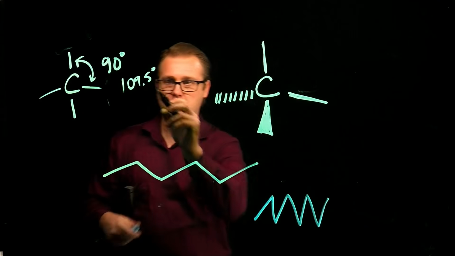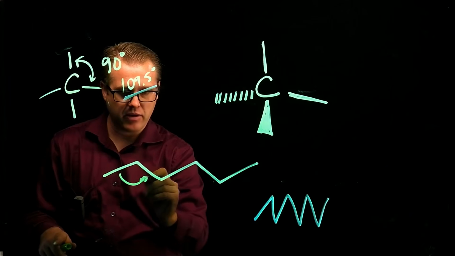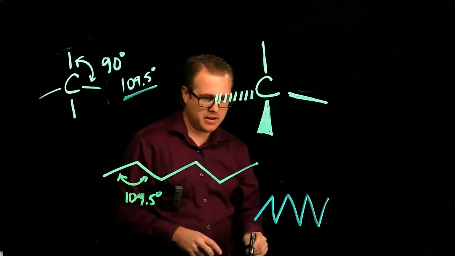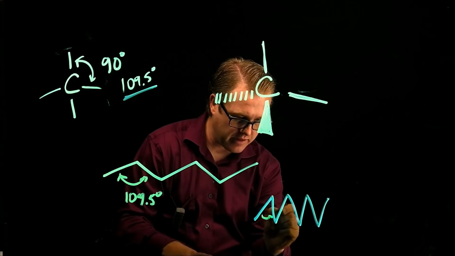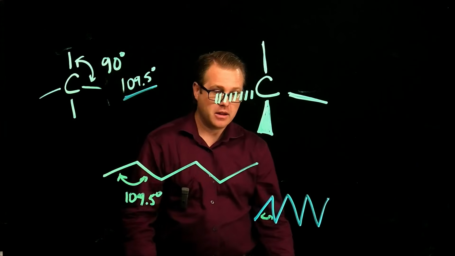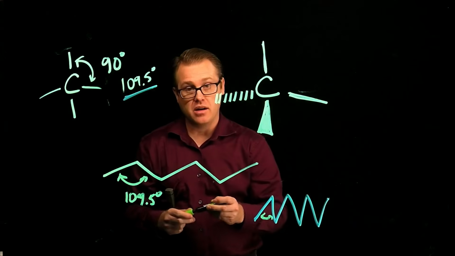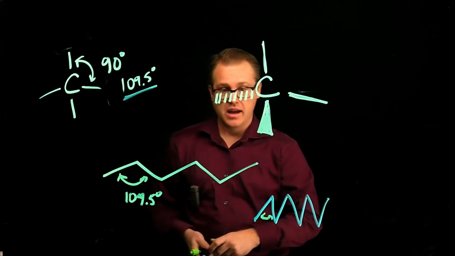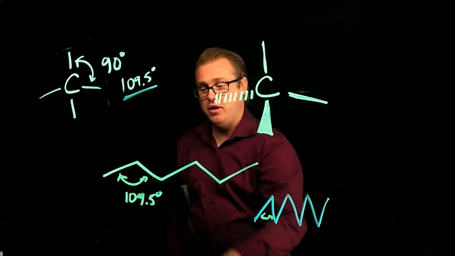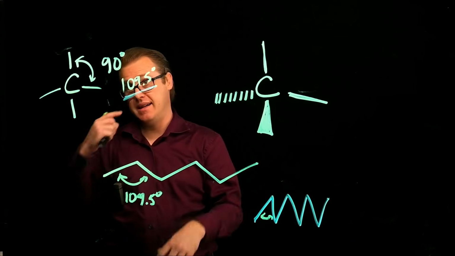Well, it has to do with this bond angle right there. You are trying the best that you can to represent that 109.5 degrees. Here, that angle between there is clearly not 109.5. So this zigzag structure is incorrect and will result in loss of points if you draw zigzag structures like this. You need to have that beautiful 109.5 bond angle. And that's why we draw zigzag structures.